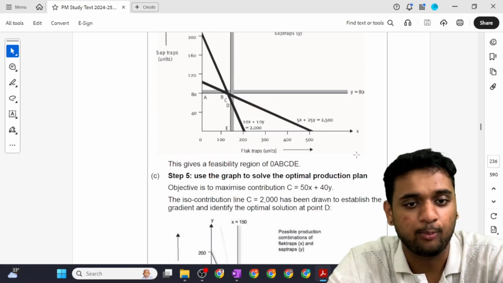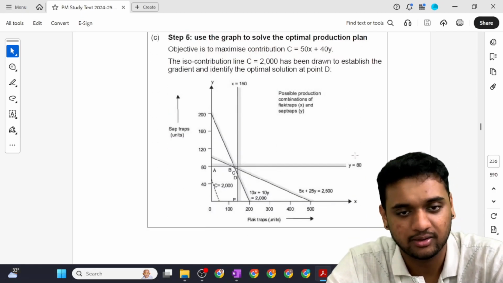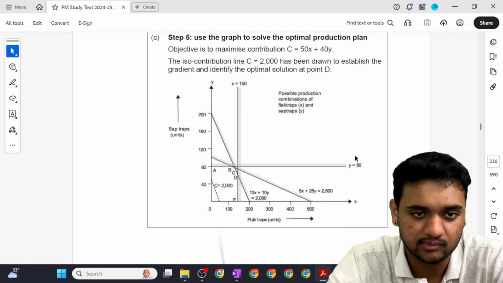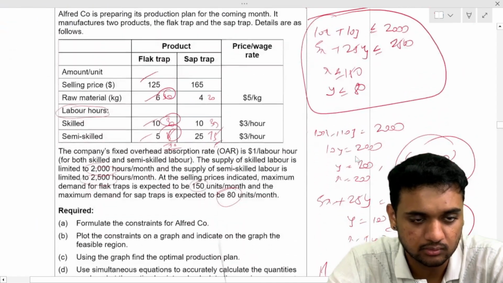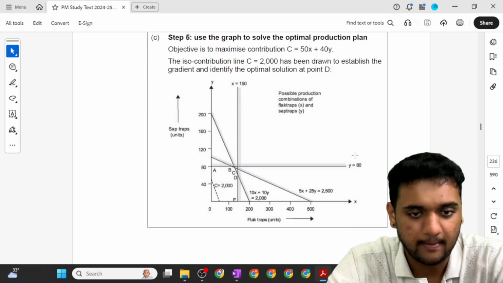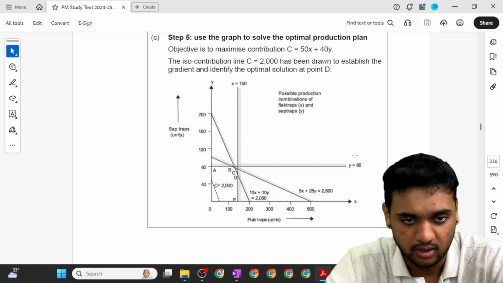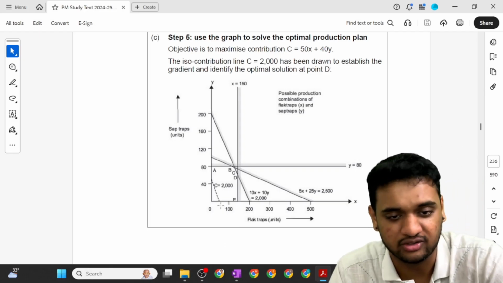When done, come to point number C now, which shows a better understanding of the graph. The graph is given in point number C. So if you see, what is the feasible region? Tell me.